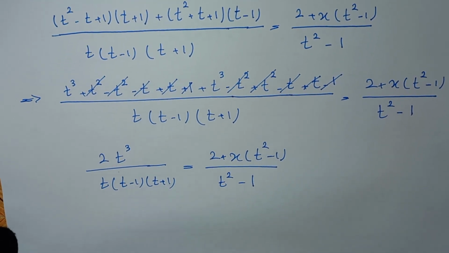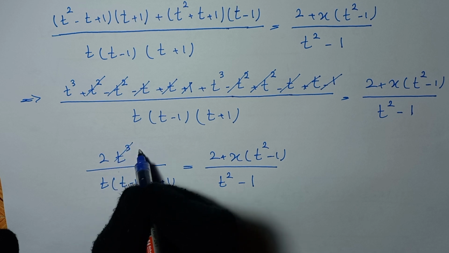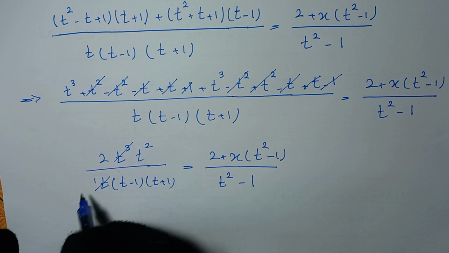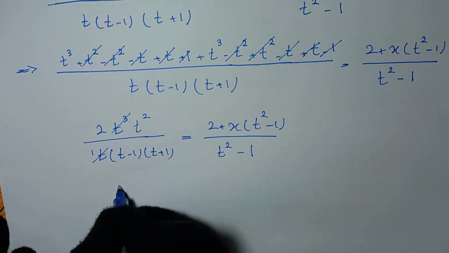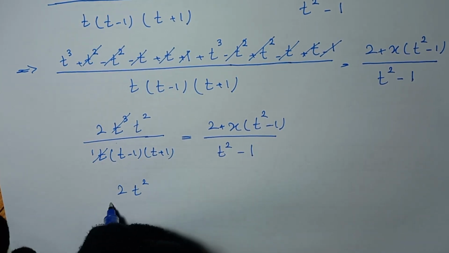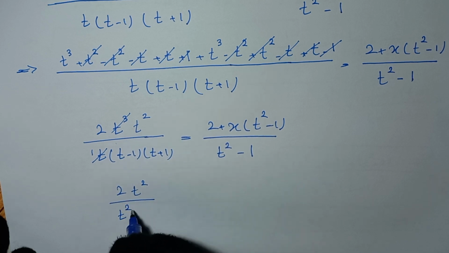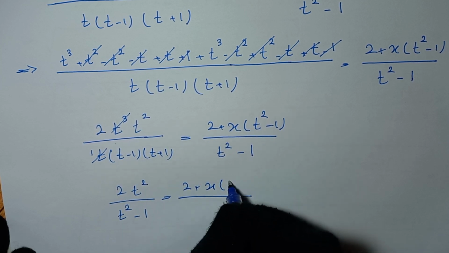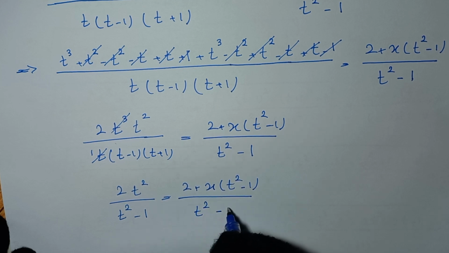And here, this divided by t, it will be t squared, and this divided by t, it will be 1, right? So we have 2t squared, and t minus 1 times t plus 1, it will be t squared minus 1, is equal to 2 plus x times t squared minus 1 over t squared minus 1.